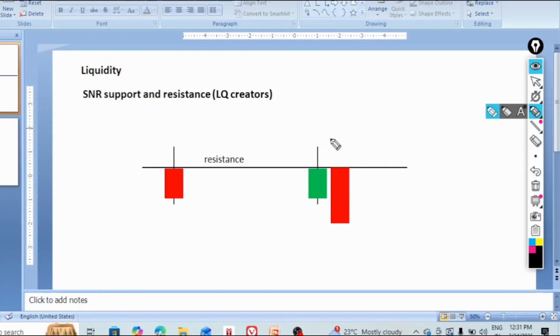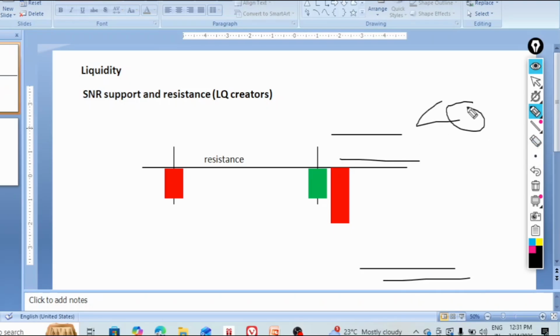Their stop loss will be around here again, and their take profit will be below. So it's creating more liquidity. Some traders enter after the rejection from the resistance, some after the engulfing pattern. Both traders have their stop losses here and their take profit in this area, so it's creating more liquidity, more quantity.